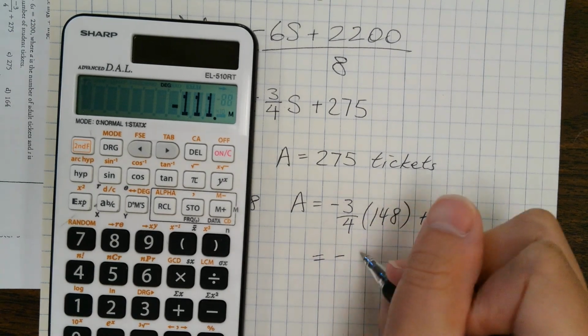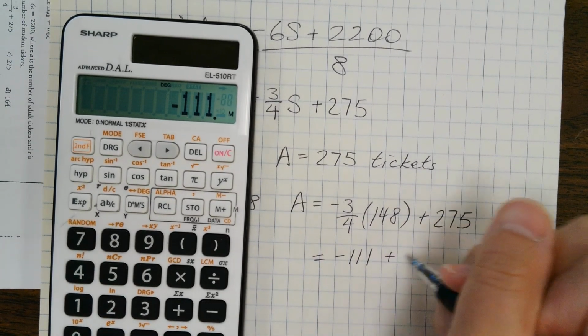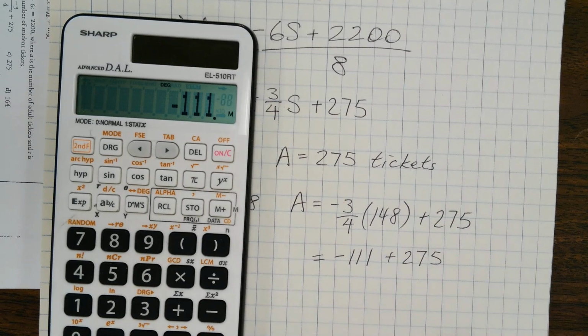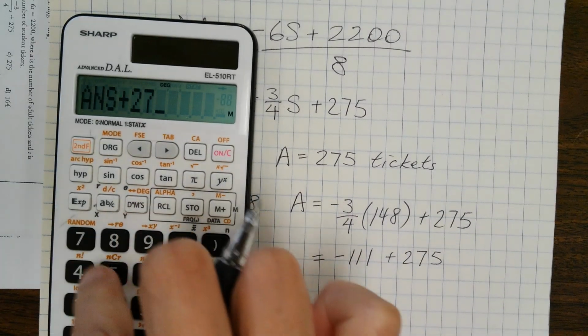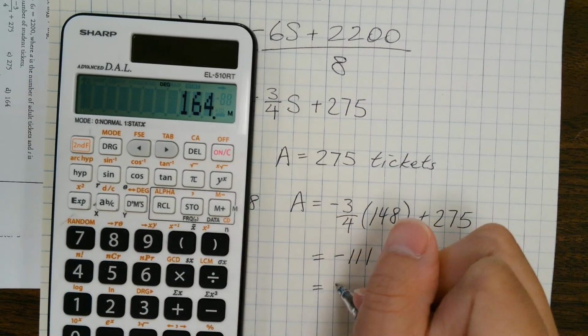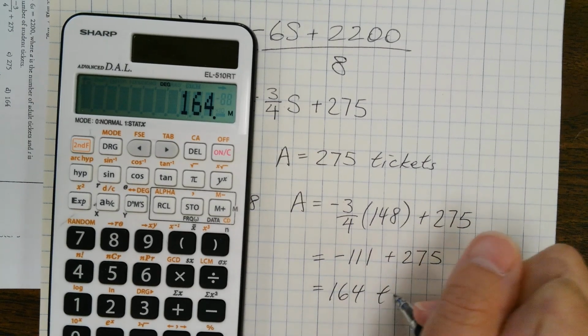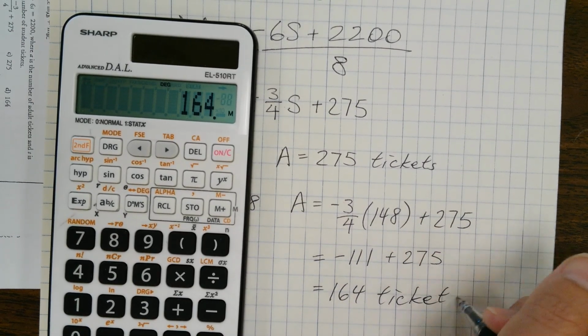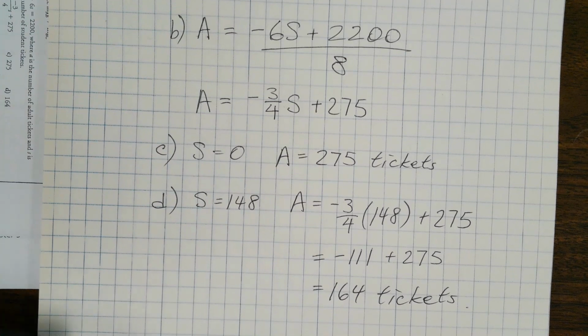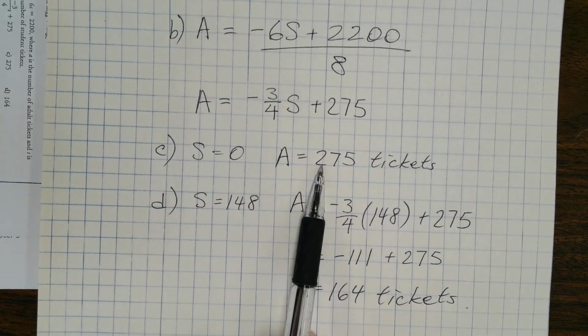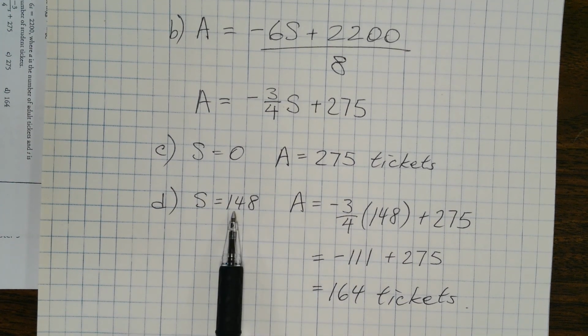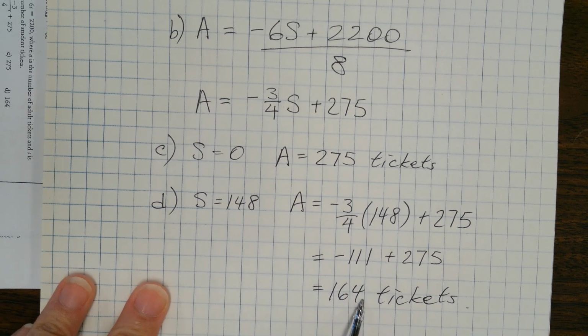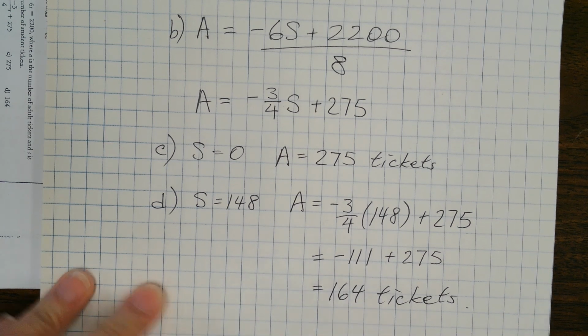And you get negative 111. Now add it to the 275. You get 164 adult tickets. So when 148 student tickets were sold, that means 164 tickets were adult tickets.